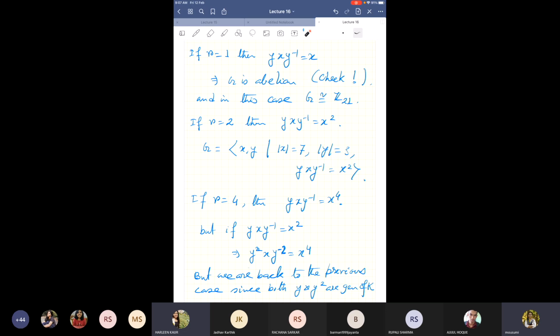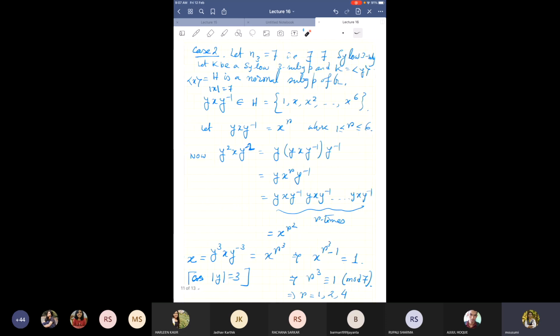Yeah, so basically from here what you can say is, this group G generated by X and Y, right? Now this group G will have either elements of order 3 or elements of order 7.